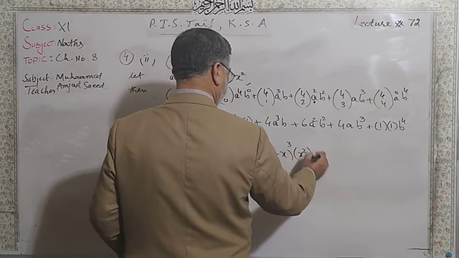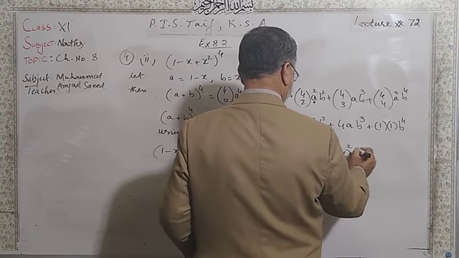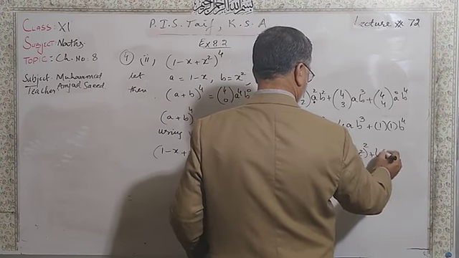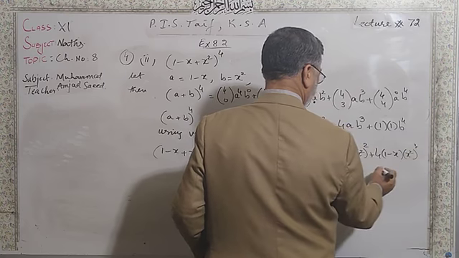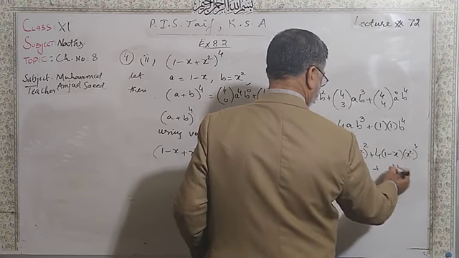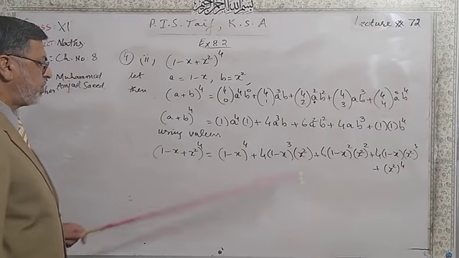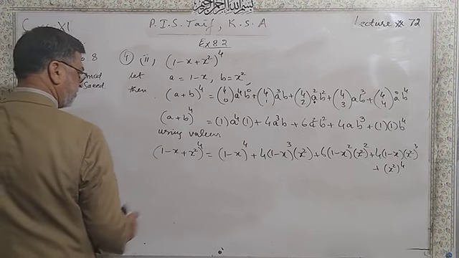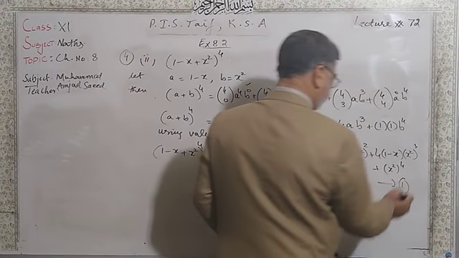B is x square. 6 into 1 minus x square into x square whole square. Plus 4 into 1 minus x square cube. Then x square whole power 4. We have applied all values here. Again you can check. This can be taken as equation number 1.